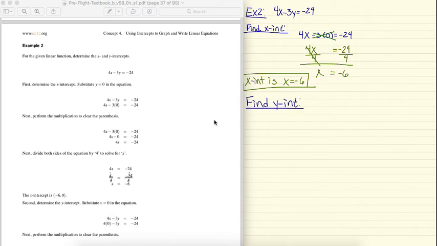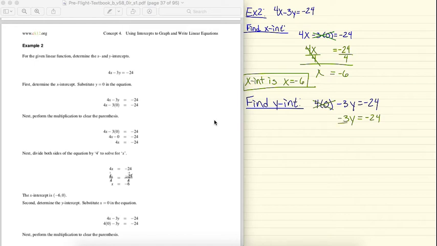To find the y-intercept, it's a very similar process, but we plug 0 in for x and we solve for y. Plugging 0 in for x cancels out 4 times 0. 0 times 4 is just 0, which does nothing for us. It's going to leave us with negative 3y equals negative 24.